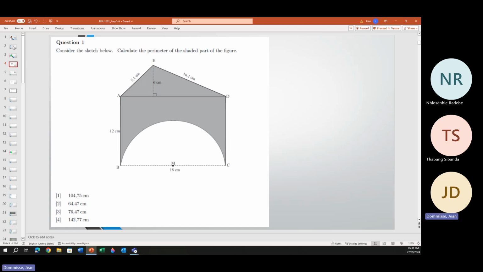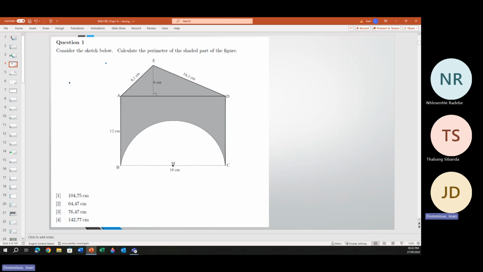we're looking at a sketch where they give us a triangle at the top, and a square at the bottom with a semicircle. And then they ask us to calculate the perimeter of the shaded area.